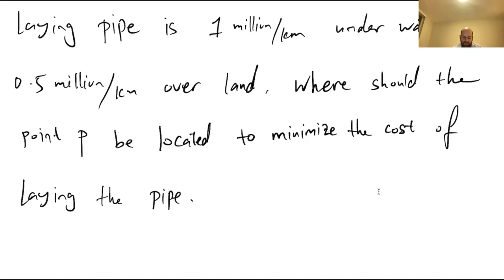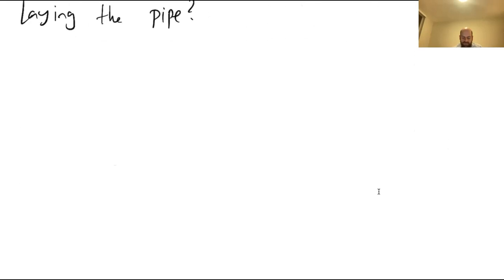Okay, let me draw the picture and explain the situation for you. See, we have oil here at point W, and we want to pipe it. So there's point A here, and we want to pipe it to this point. So this is the point B, which is our destination.